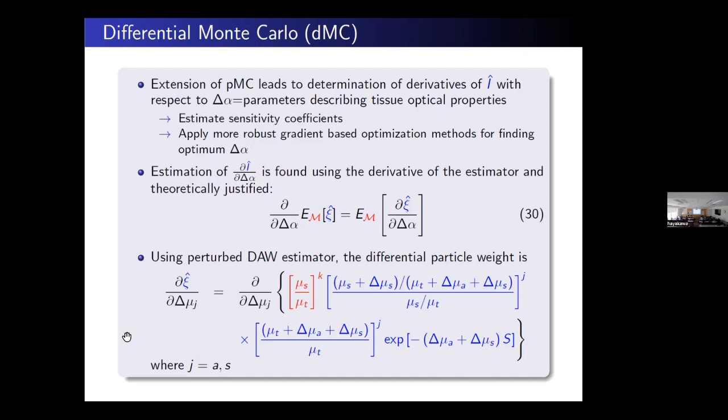I don't write out the terms, but basically you take the estimator and take the derivative of that with respect to mu A or mu S, bring down the j minus 1, very straightforward. Now you have an estimate for the derivative of whatever reflectance or measurement you're taking with respect to the optical properties. So you can see how that measurement is sensitive to changes in those optical properties.